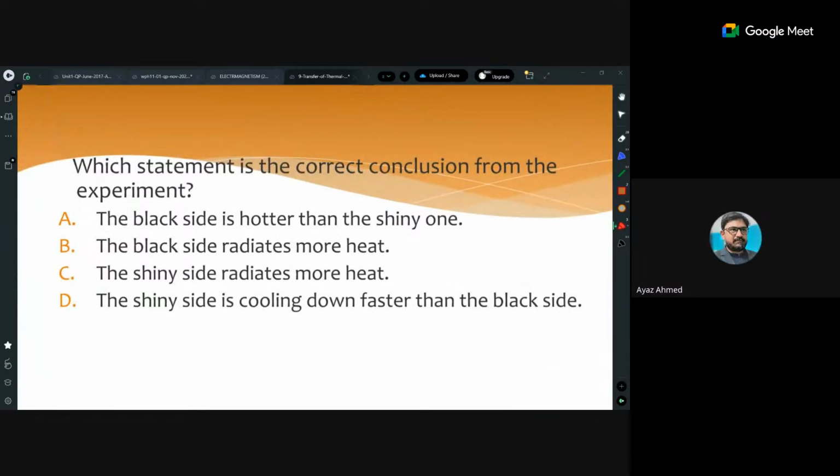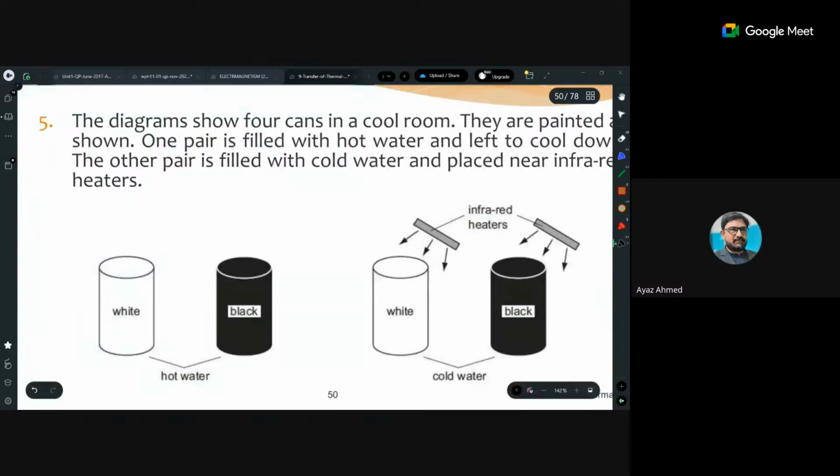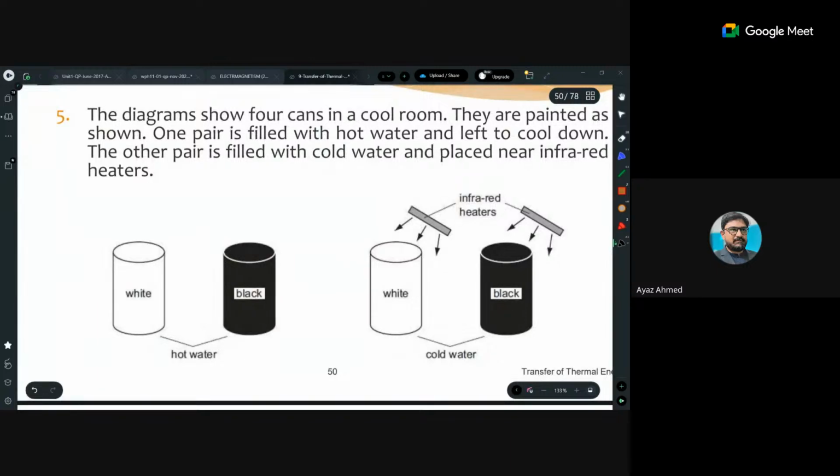Yes, because it is painted black, and black bodies are very good emitters of radiation. The black side emits more heat. That is the reason. Okay, is it clear to all? These are all past paper questions. Let's go through this one and then move to the next topic.